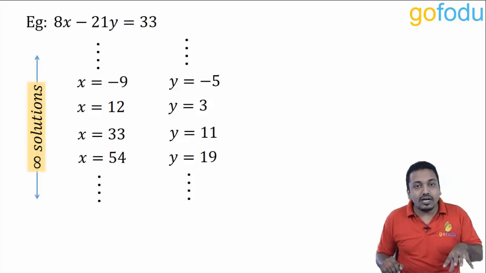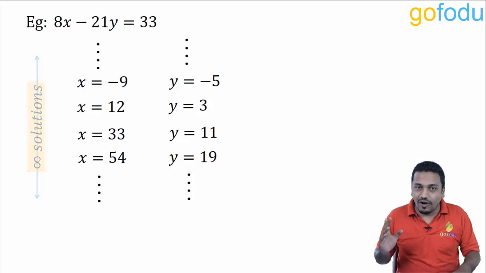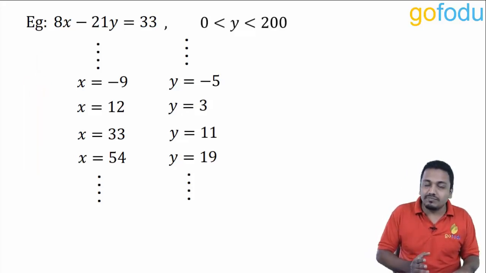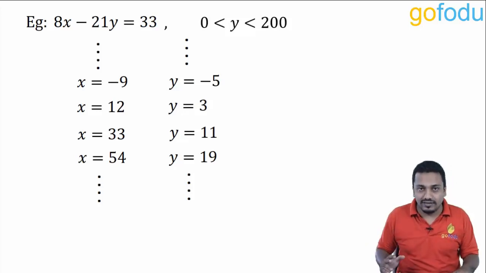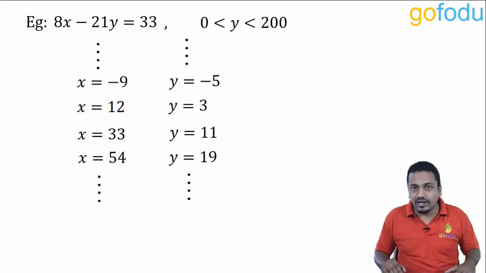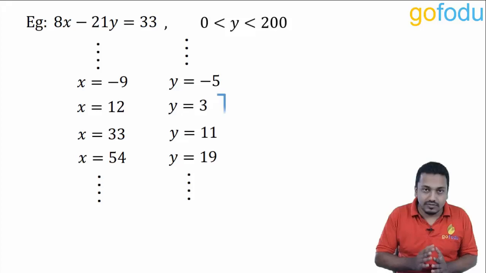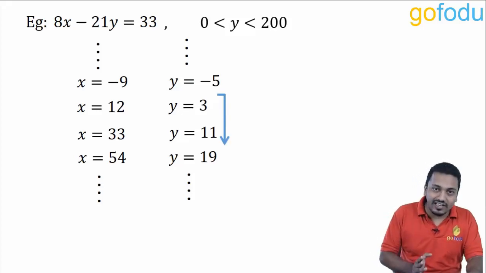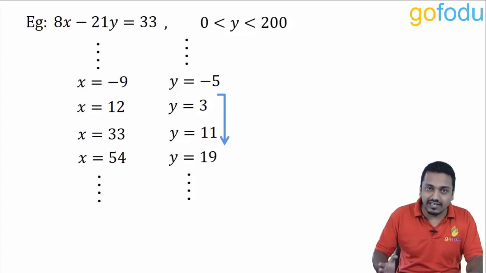Now what if I put a condition here? Find ordered pair of x, y such that y is between 0 and 200. Y is non-negative, so we'll start from here 12, 3 and onwards. Our condition is on y and y increases by 8 every time.